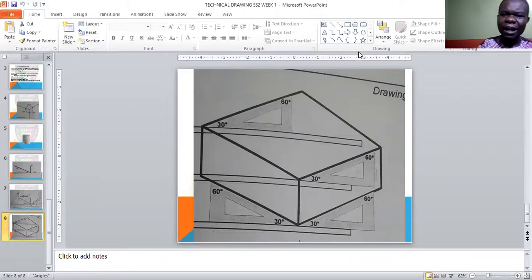Then we need to have a recap of what we have discussed. Remember I said isometric drawing is a type of pictorial drawing that recognizes objects in 3 dimensions: the length, the breadth, and the depth at 30 degrees inclined to the horizontal.